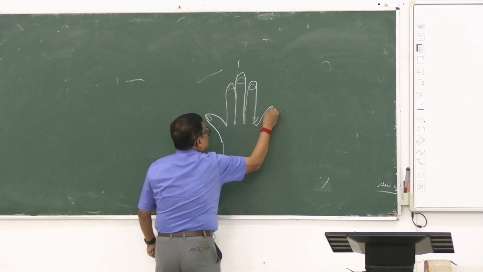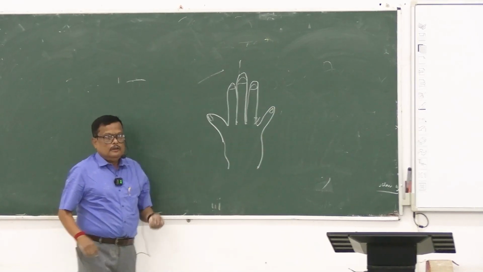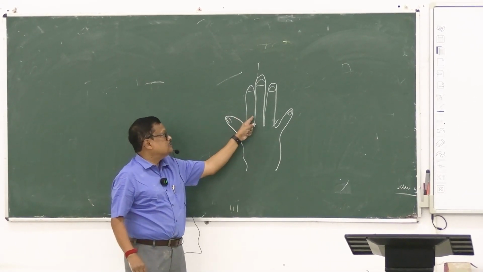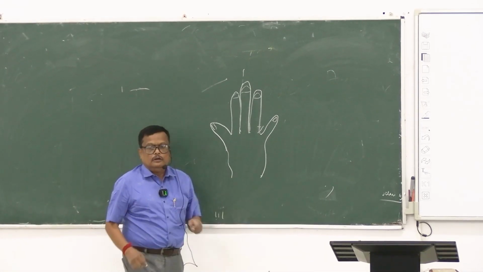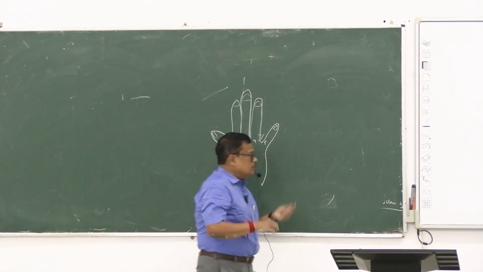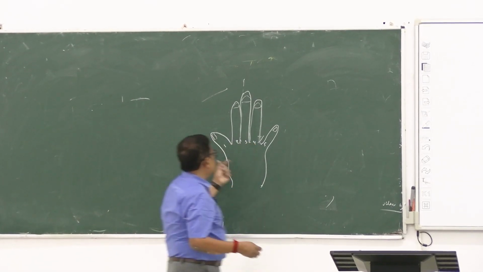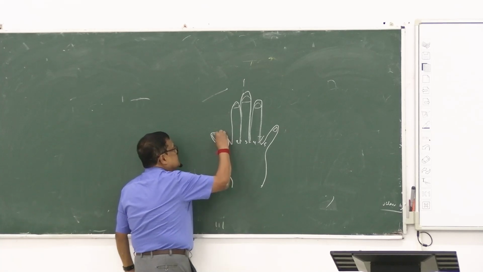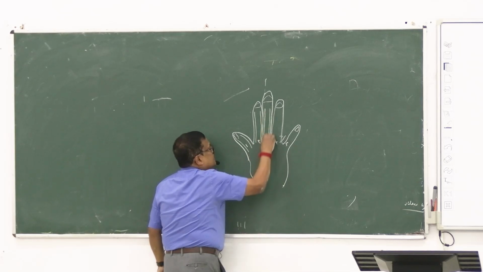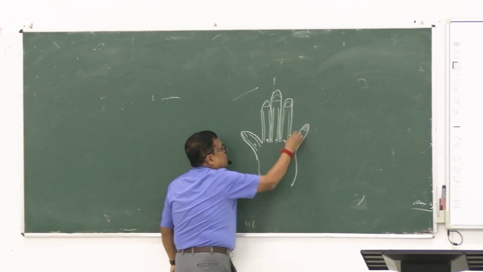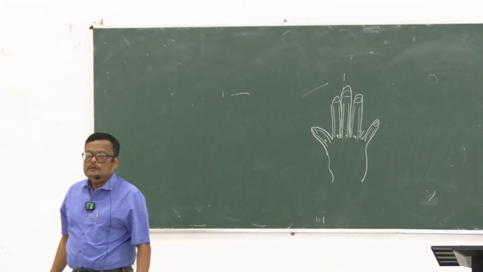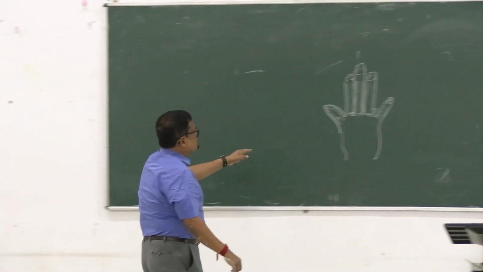So it is the dorsum part, and we call these digits: the thumb, index finger, middle finger, ring finger and little finger, or 1, 2, 3, 4, 5. In every digit, one on either side of the digit, 2 superficial veins start. We call them digital veins. So there are 10 digital veins.